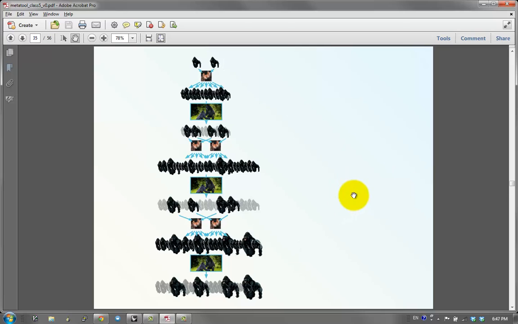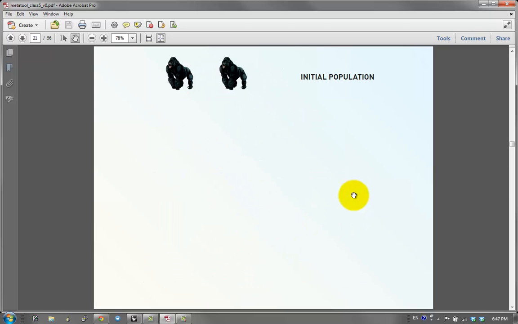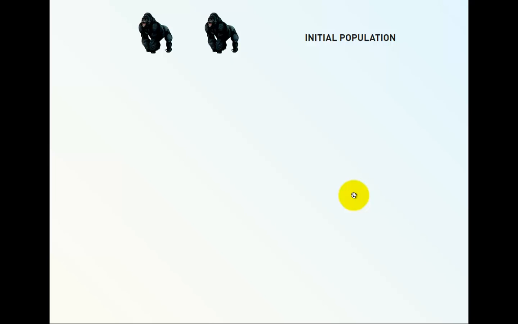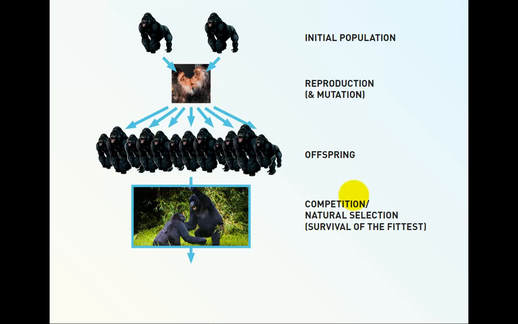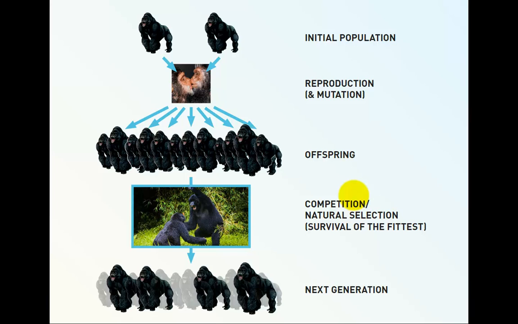And just to run through the process of evolution, the model of evolution that the genetic algorithm uses is that it starts out with an initial random population. It reproduces them and creates mutated offspring with variation in different characteristics. Then it competes those offspring against each other, or selects only the best out of them, and those become the next generation.